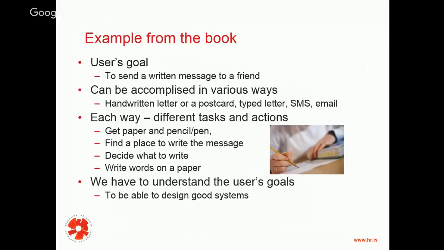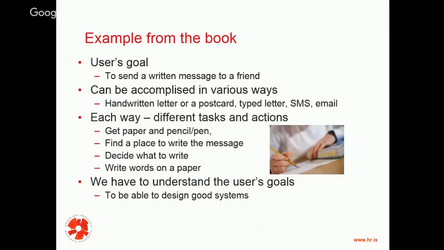So there are examples. This is actually not from this book, but from another book about user goals. And then they are taking this old example about people writing letters to each other, and then it could be handwritten, or it could be a postcard, or SMS or email, or whatever.